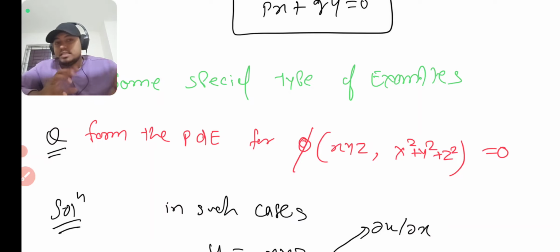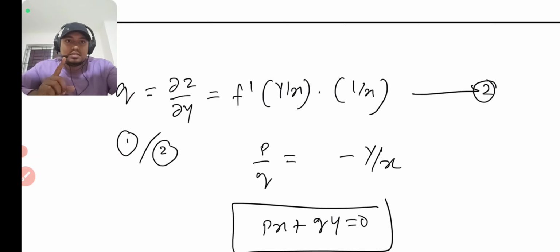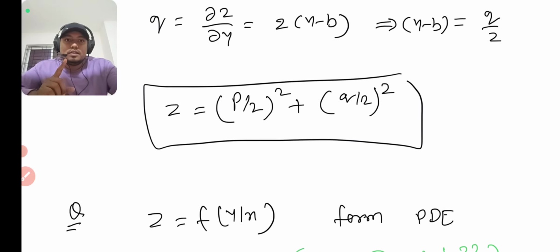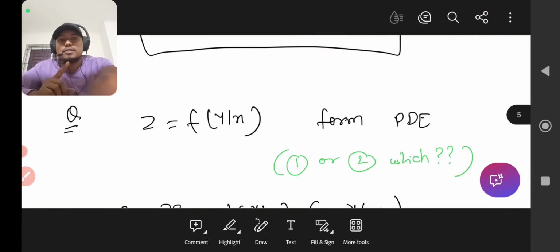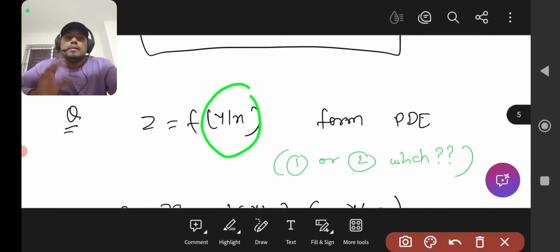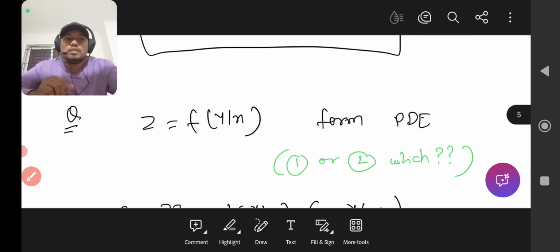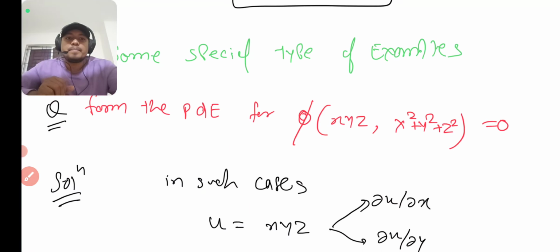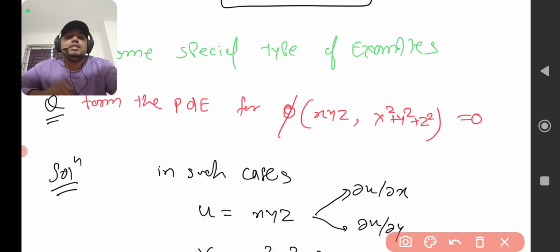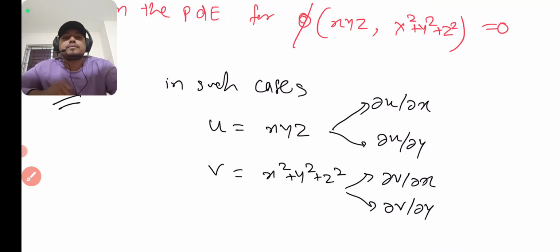Earlier, the function was a function of y by x, but here in this question your function phi is given as xyz comma x square plus y square plus z square. You know how to crack this problem. This is an easy problem, you can do this.